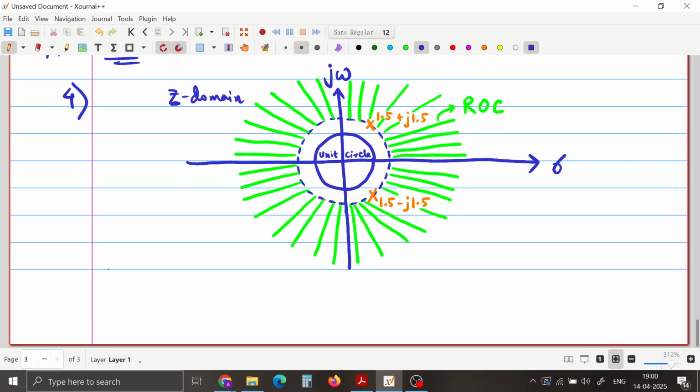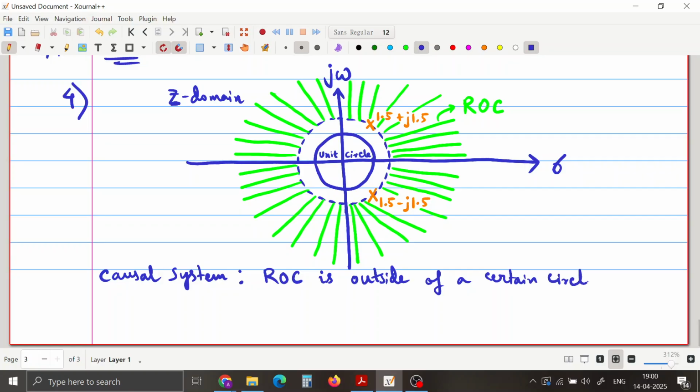For a causal system, point number 1, the condition for the ROC is that the ROC should lie outside of a certain circle, so it lies to the exterior of a certain circle.